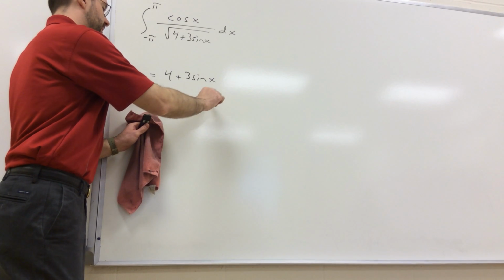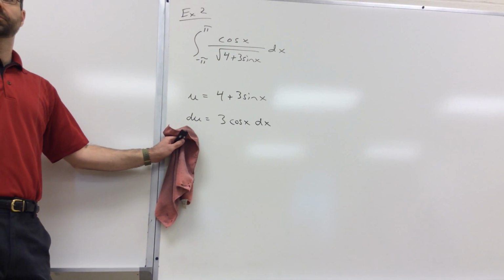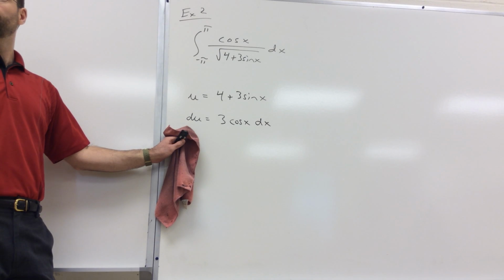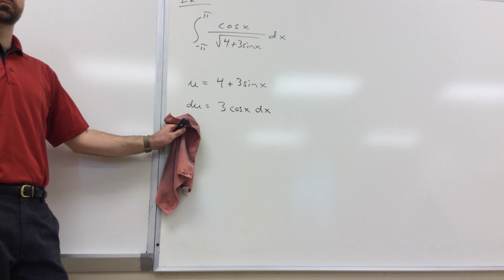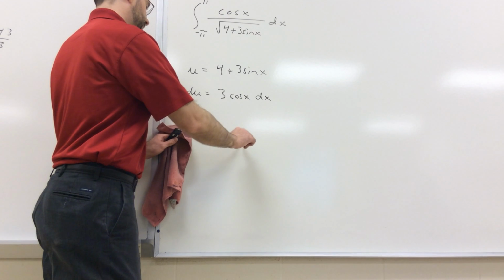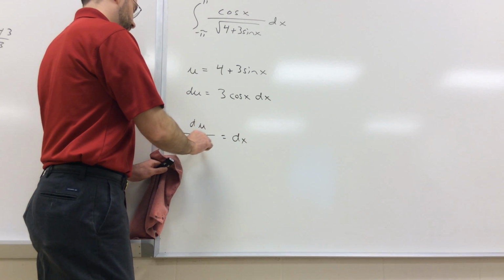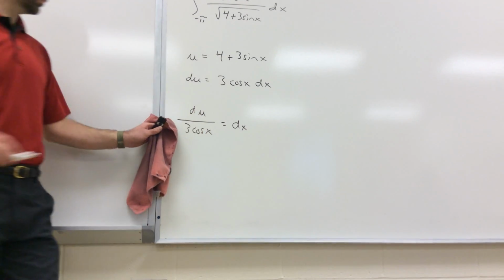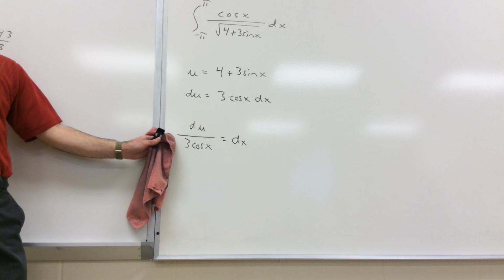Derivative of sine is cosine. Then you divide. dx is du over 3 cosine x.